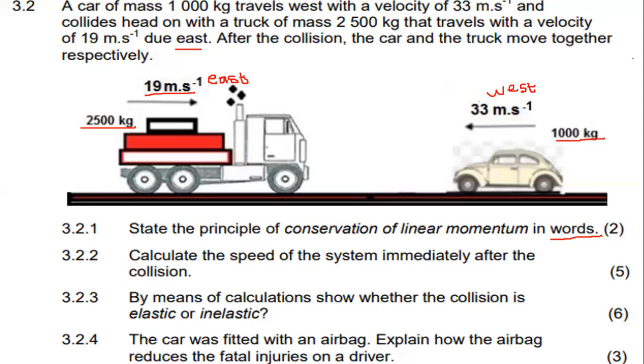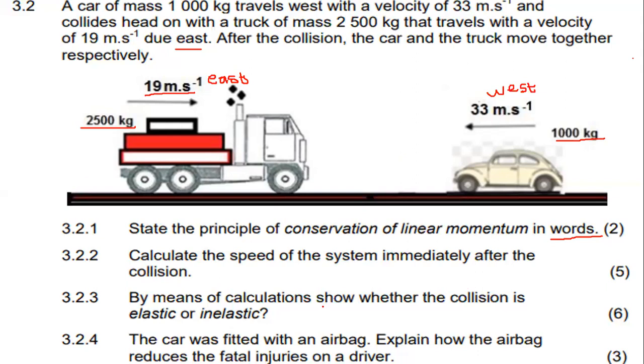So if the system is isolated, then the total linear momentum will be conserved, or basically it will be remaining constant. And that is 2 marks.